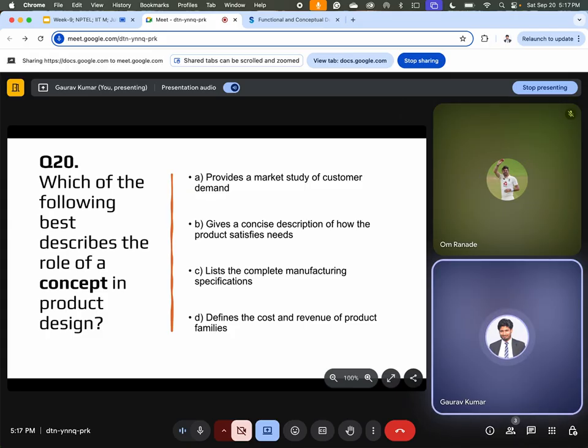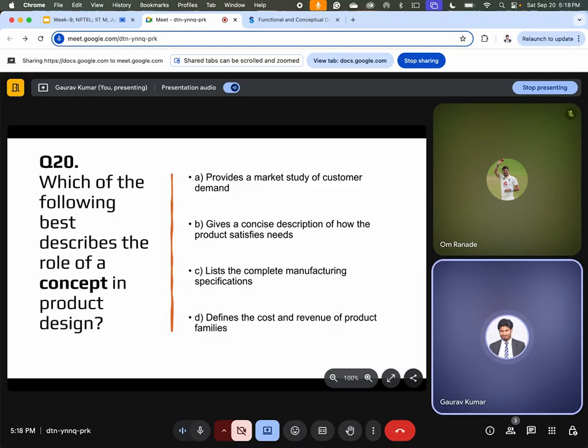So basically, a concept plays a pivotal role in product development by providing a concise description of how the product will meet the customer need. It translates the abstract requirements into clear directions for design. Concepts act as a communication tool among stakeholders, ensuring that everyone understands the product's purpose and expected benefit before moving into detailed development.